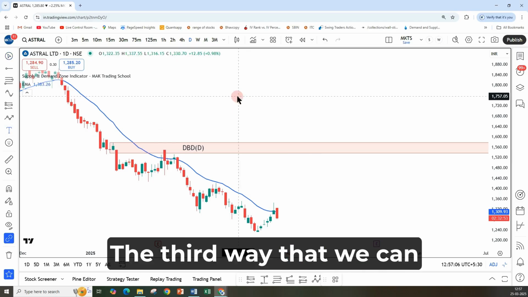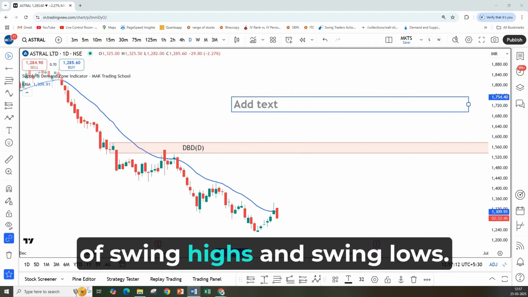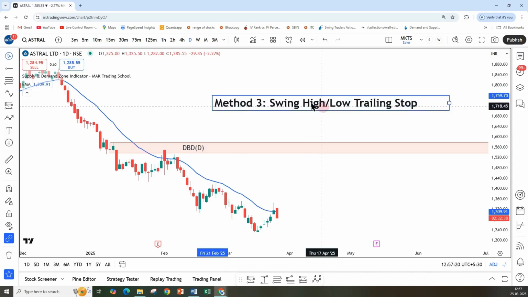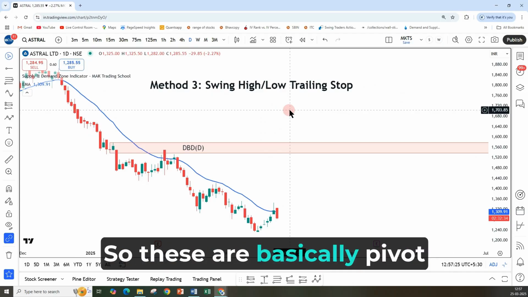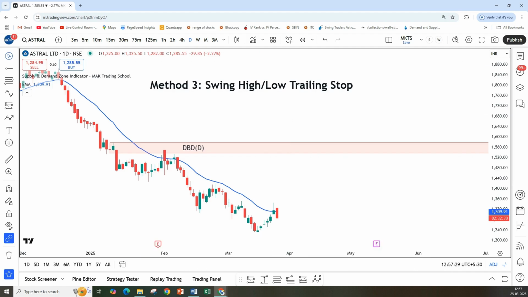Method 3, the third way that we can trail our stop losses is on the basis of swing highs and swing lows. So what do you mean by swing highs and swing lows? These are basically pivot formations where a stock turns around.